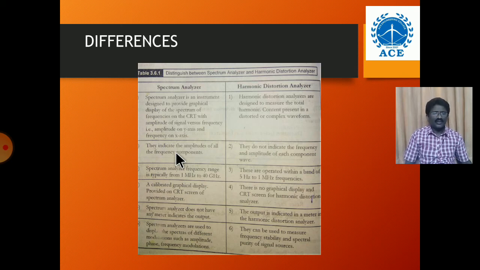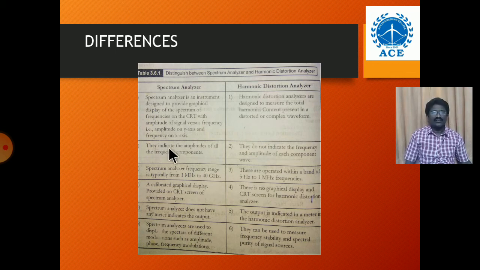Whereas harmonic distortion analyzers do not indicate any frequency or amplitude component. Here we cannot indicate any frequency value because this is a combination of a number of harmonic components. That is the reason they do not indicate any frequency amplitude component.